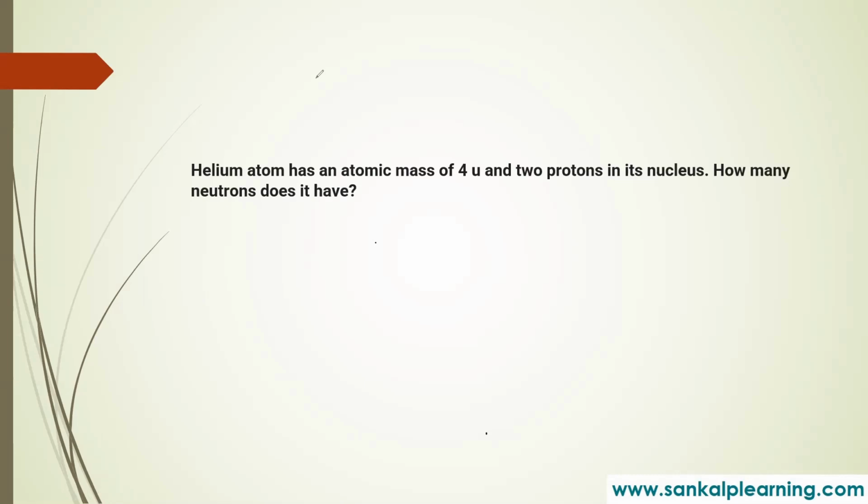I told you that mass number is equal to number of protons plus number of neutrons. What do we need? Number of neutrons. So number of neutrons is equal to mass number minus number of protons. What is the mass number? 4, minus protons, which is 2. So 4 minus 2 is 2.